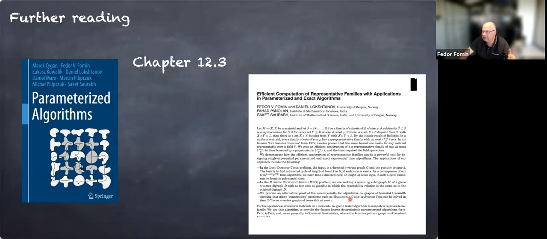So if you want an introduction to this area, look into this book. If you want to see more efficient algorithms computing representative sets, then you should go to that paper, but a warning: it could take some time to go through it.